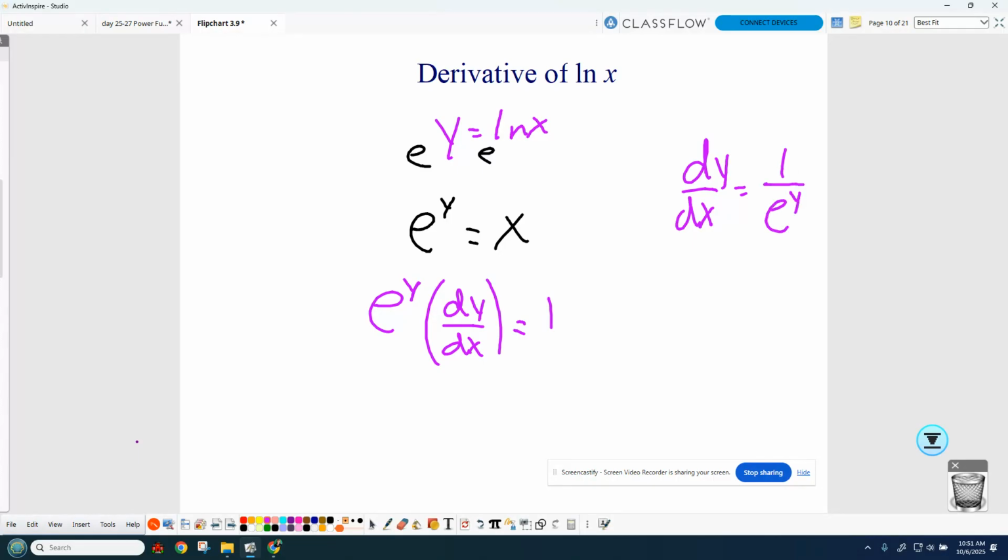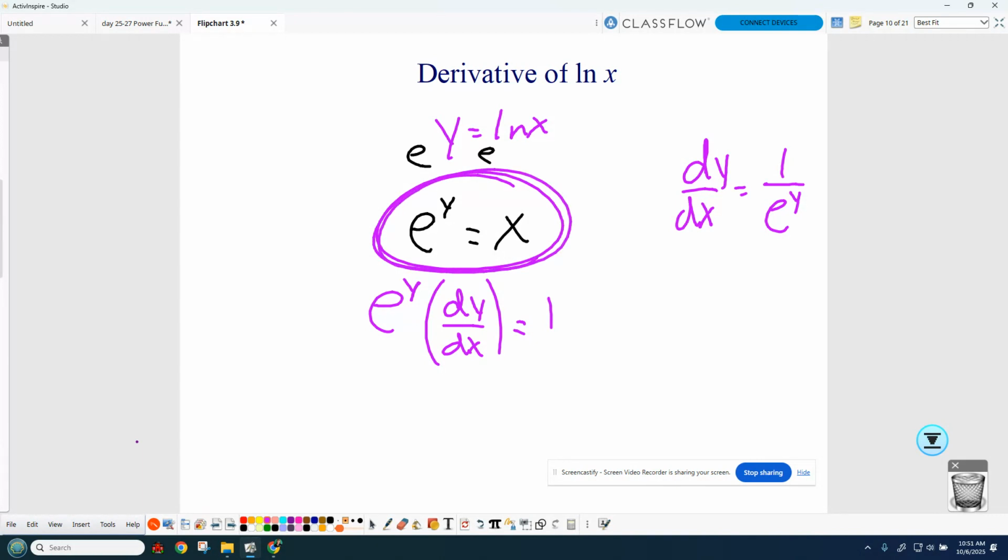Just like that trig stuff, I don't want y in there. How can I get rid of it? I don't want e to the y. Why is now an x? And then you sub it in. Well, at the beginning, we started with y equals ln of x. That's what he just said. What is e to the y?